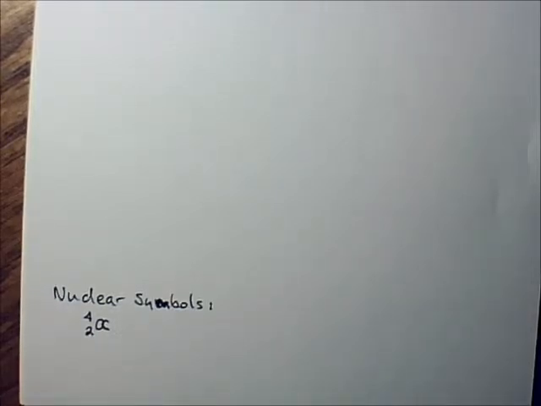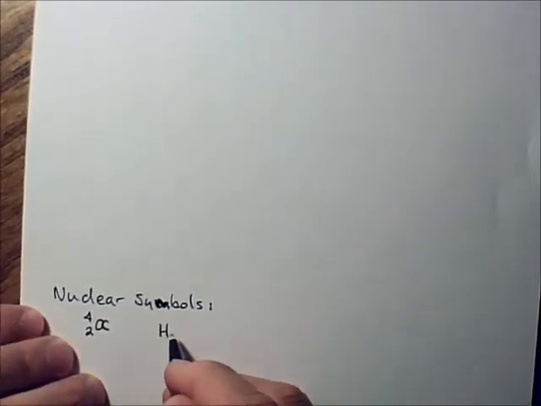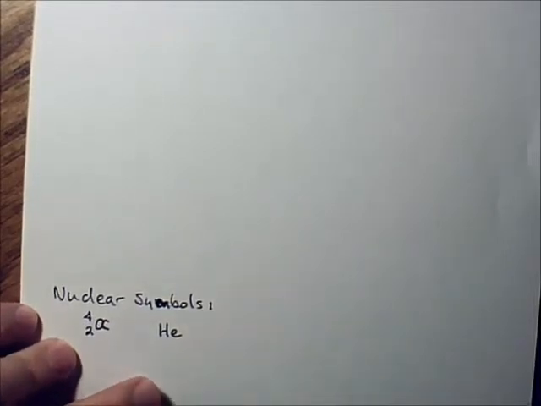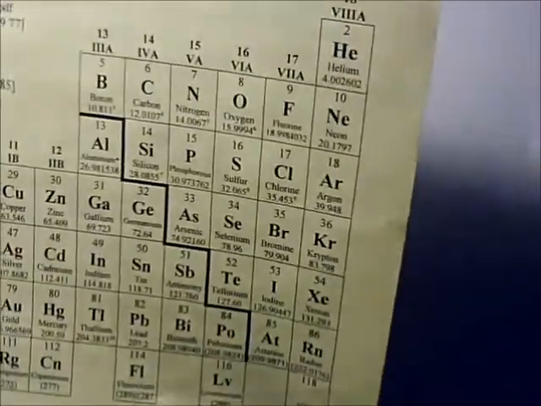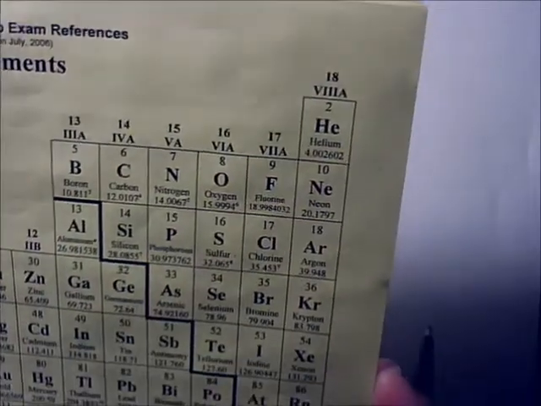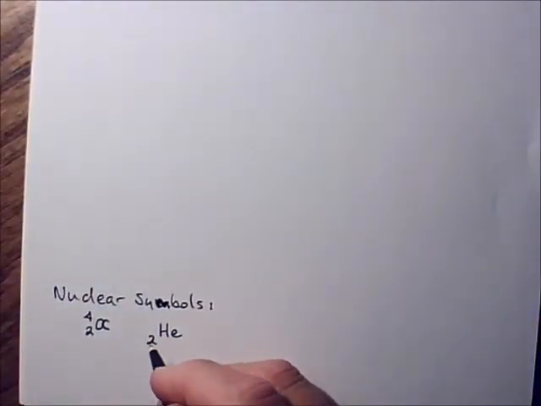Got that? Now, if I were writing a nuclear symbol for a helium atom, there's our symbol for helium. How many protons does a helium have? I gave you this tool yesterday. 2. So I'll put a 2 down here.